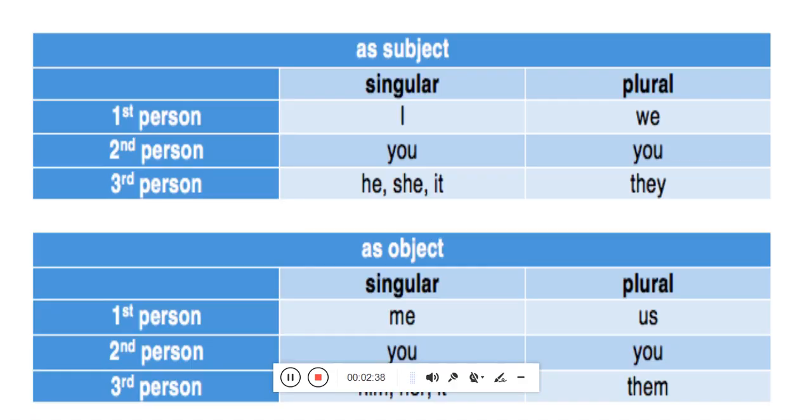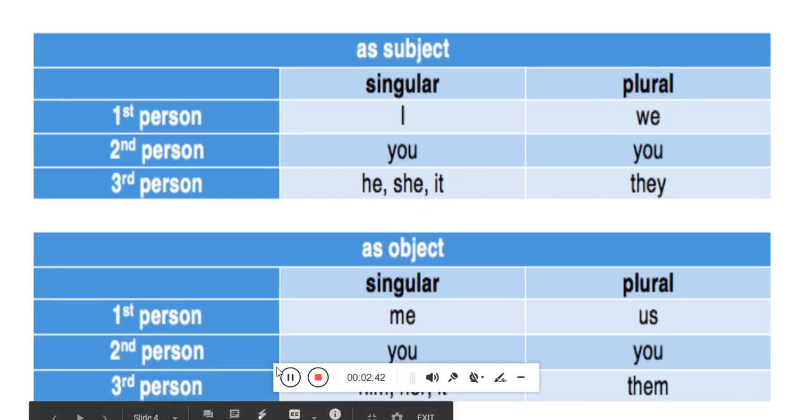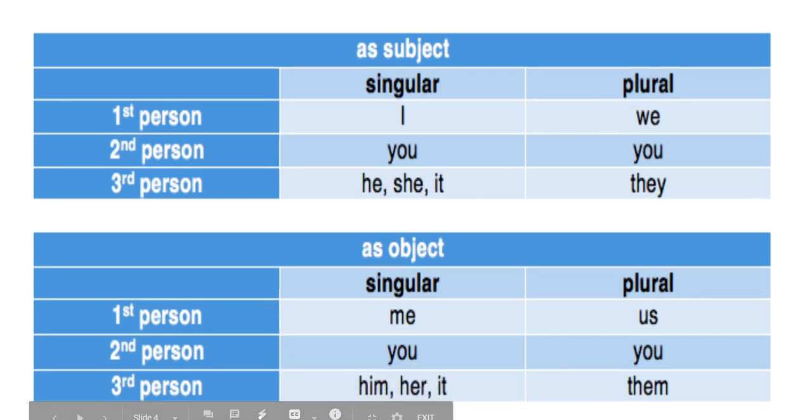Now I have given a small data table for you. Please have a look at it. This makes our work easier to identify first person, second person and third person.